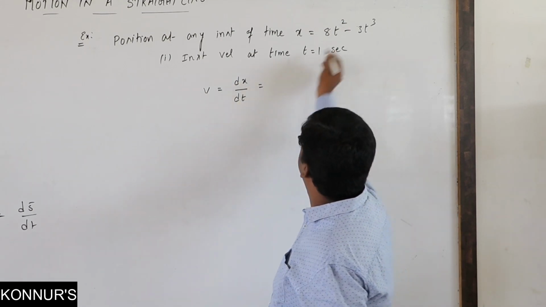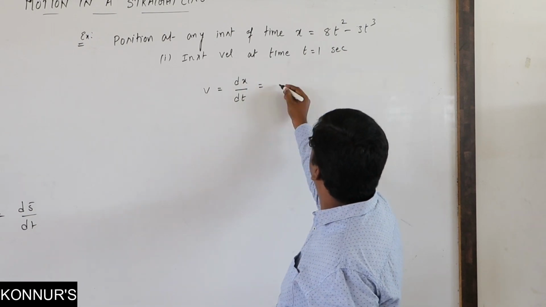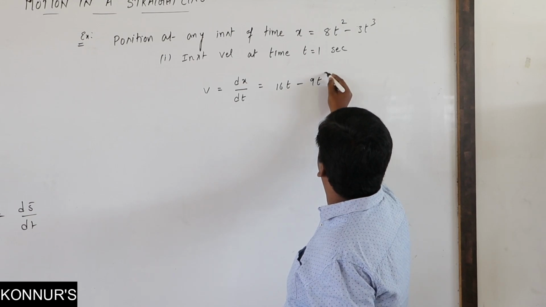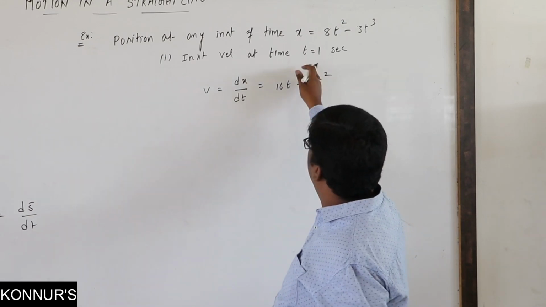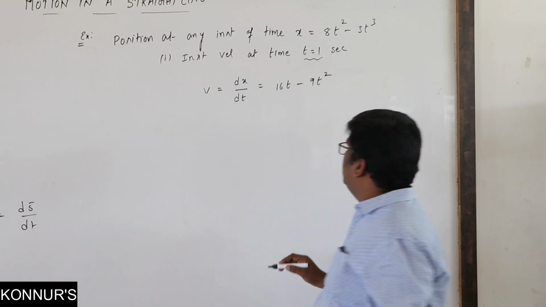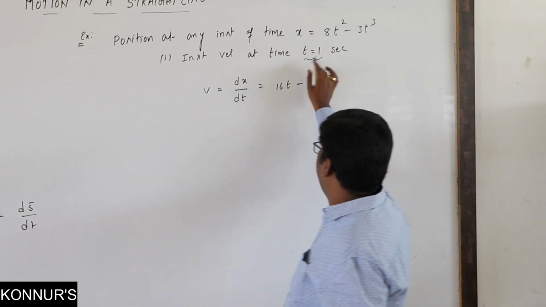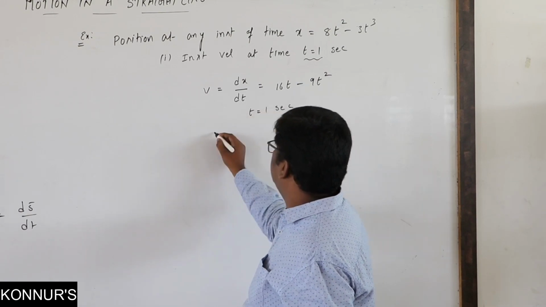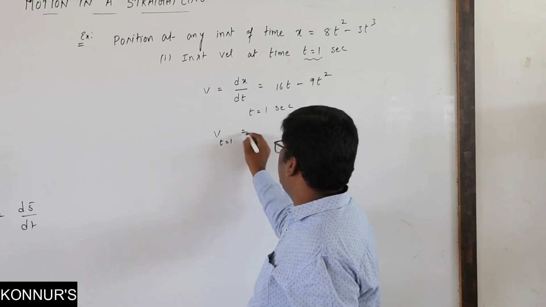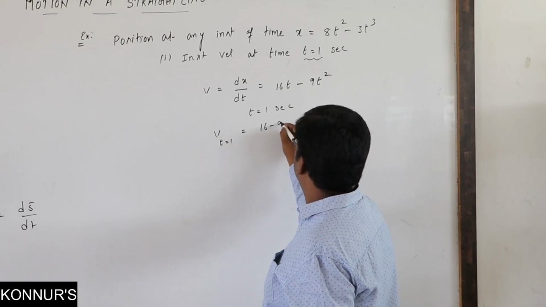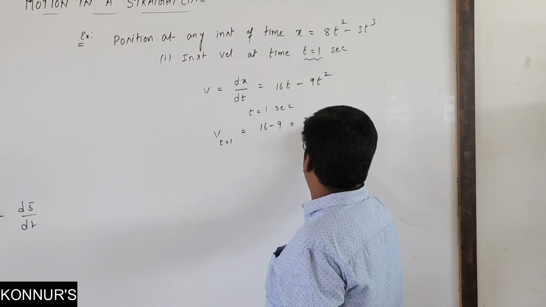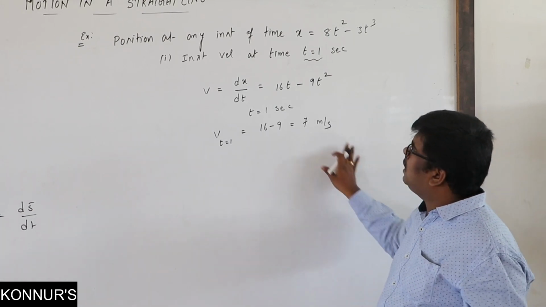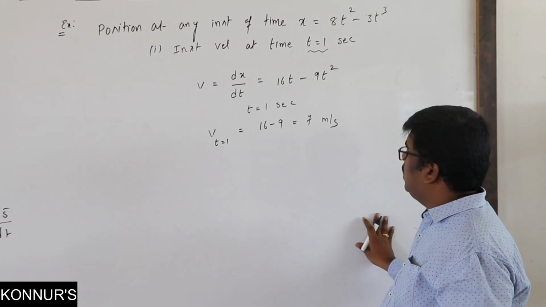Differentiating with respect to time, it is 16t minus 9t squared. Substituting t equal to 1 second, we get 16 minus 9, that is equal to 7 meters per second. So this is the instantaneous velocity at time t equal to 1 second.